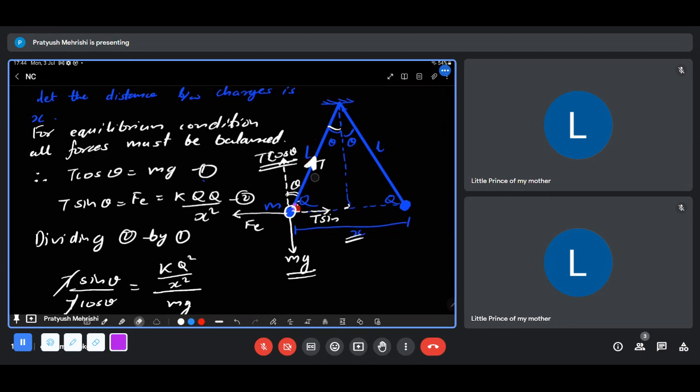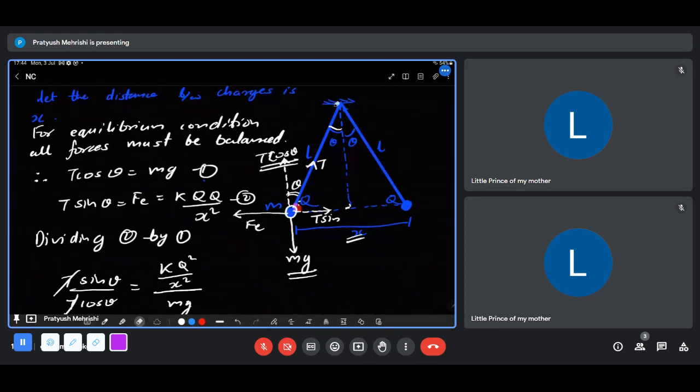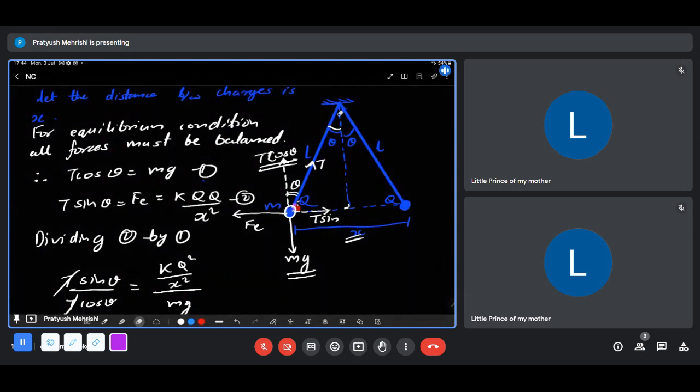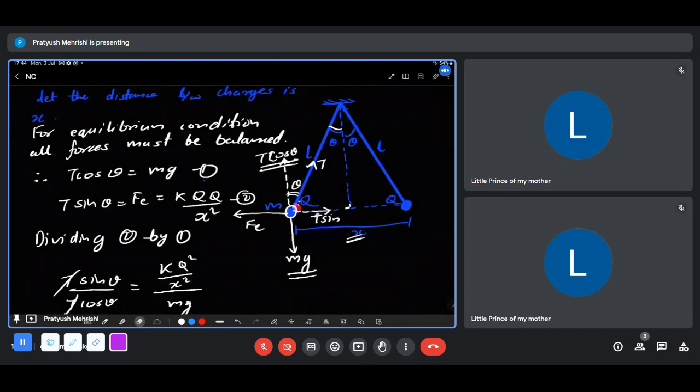A single roof. They were hanging through a single roof. Now what happened? Both of them have same charges q. Because of the electrostatic repulsion, they both will have some gap with each other.